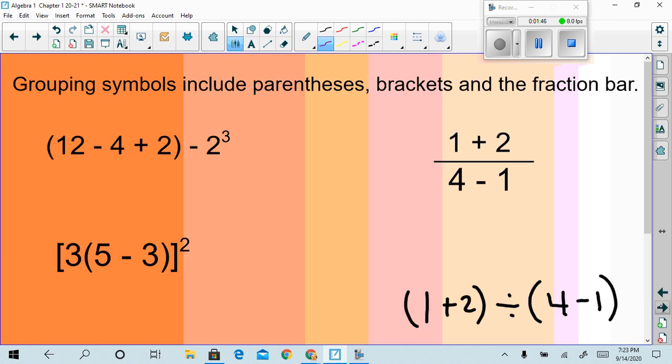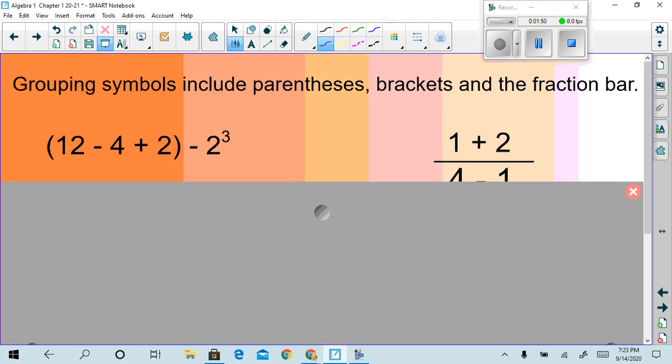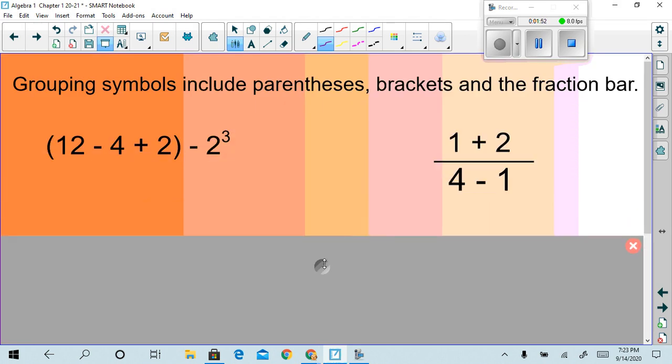Here are a couple. Let's try these out. And again, copy them and see how you do. There are just 3. In the first one, you do see parentheses and powers and operations. So we see grouping symbols that are parentheses. In the second one, we see a combination below in parentheses and brackets.